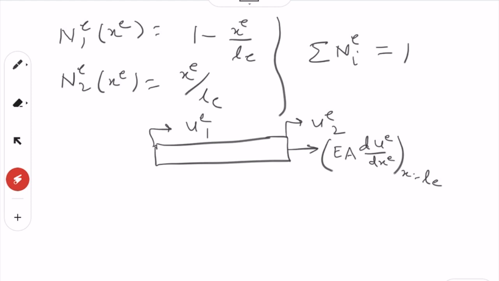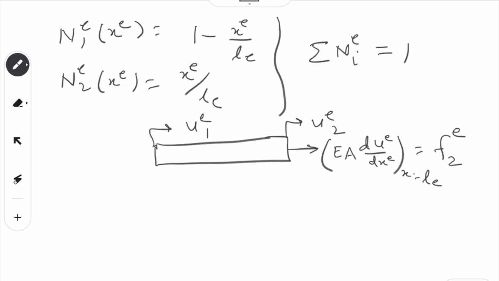E times A gives you a force basically. We can write this as F2 because of element e.